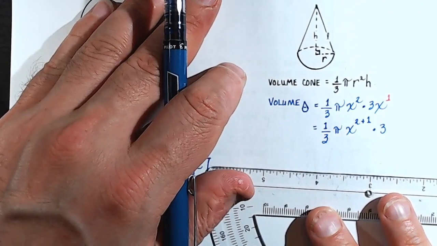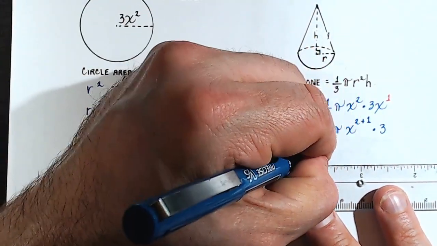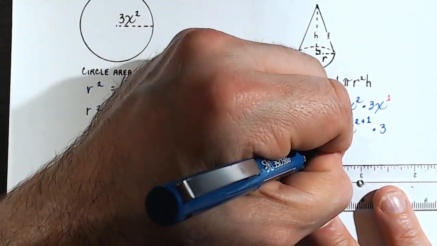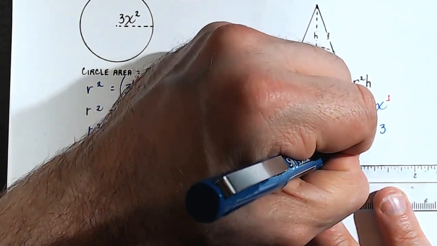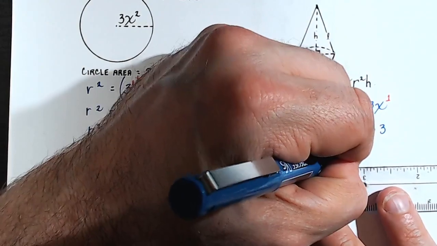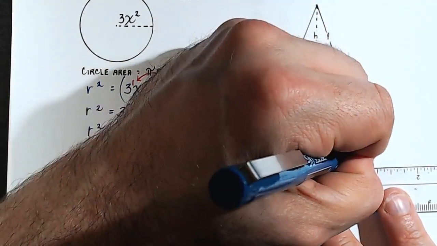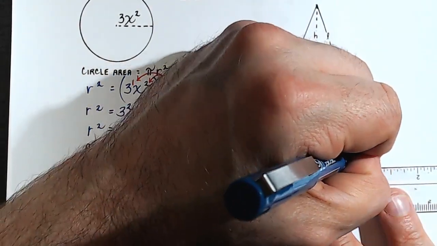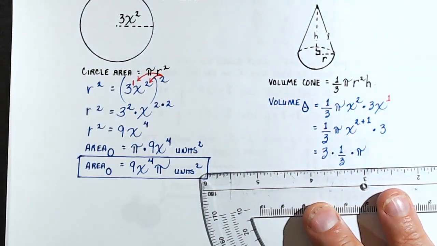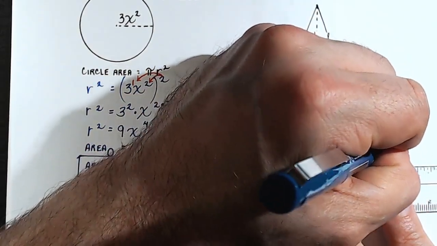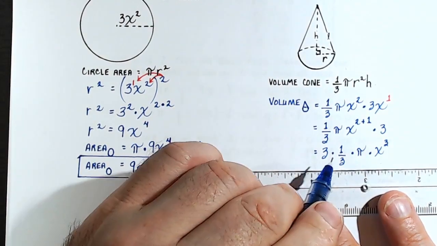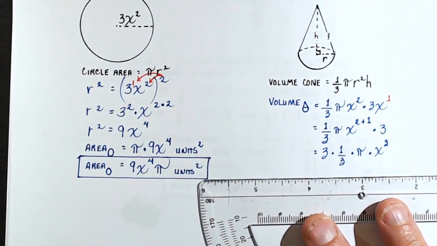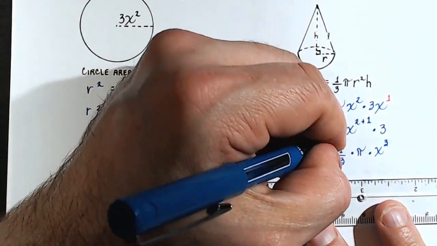So we'll set this equal to 3 times 1/3 times pi times x cubed. Okay, well 3 times 1/3 is 3 over 3, and 3 over 3 cancels.